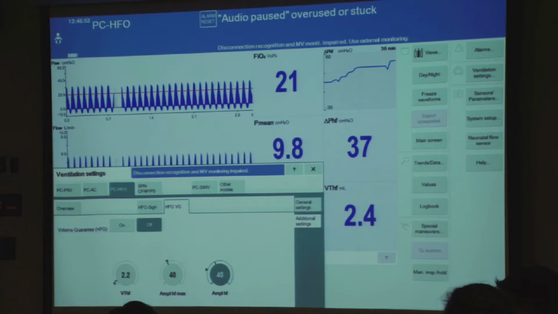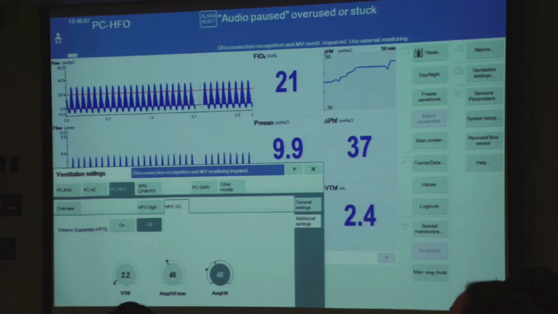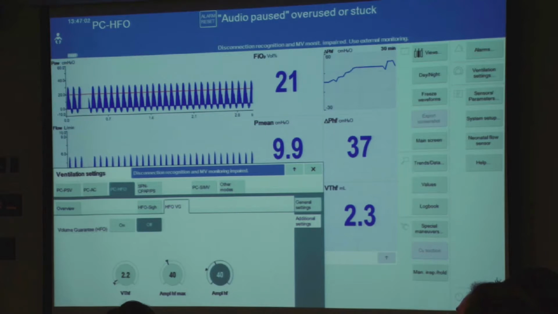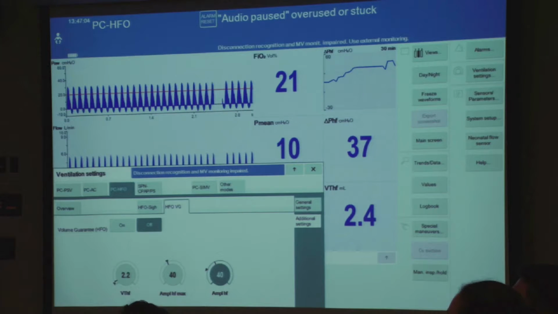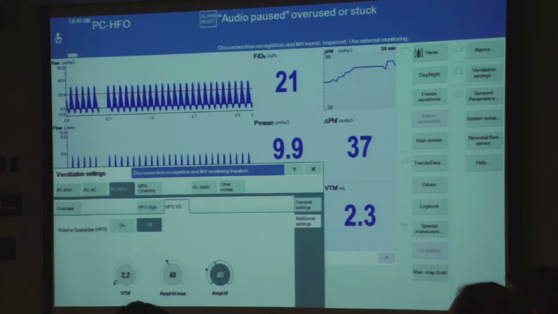You use this the same as you would the maximum inspiratory pressure in regular volume guarantee, which is the amount of pressure that the ventilator will eventually use if required to reach that tidal volume.